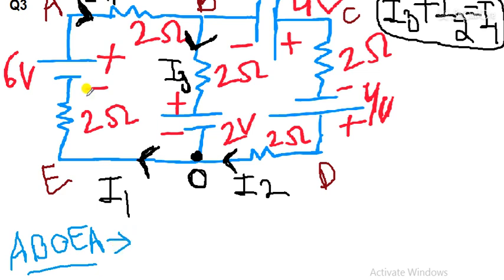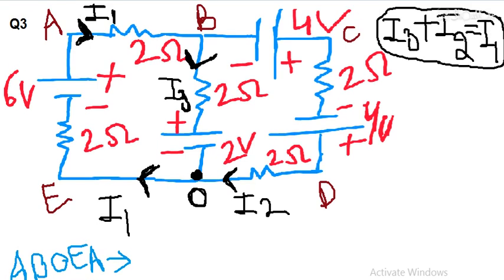So I will start from A, moving in the clockwise direction. So I1 will be there, in the same direction as current, we are moving in the direction of current, so 2 times I1. This is the voltage drop across this 2 ohm resistance.